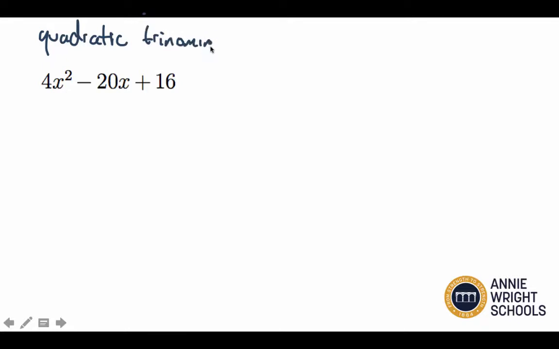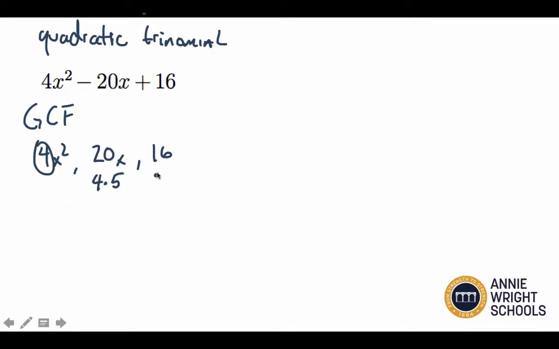And when you look for a greatest common factor, you're going to ask yourself, what do these 3 terms have in common? And looking at all 3 terms, what I see is the number 4. 20 is 4 times 5. 16 is 4 times 4. 4 is 4 times 1.